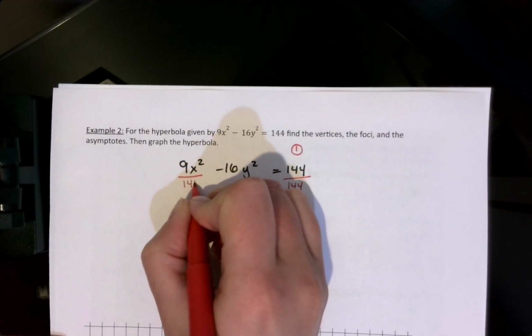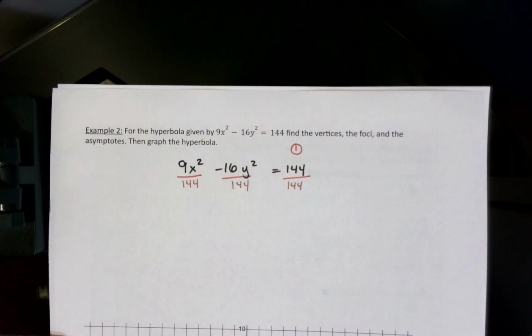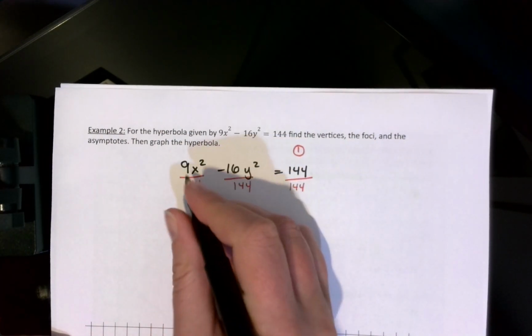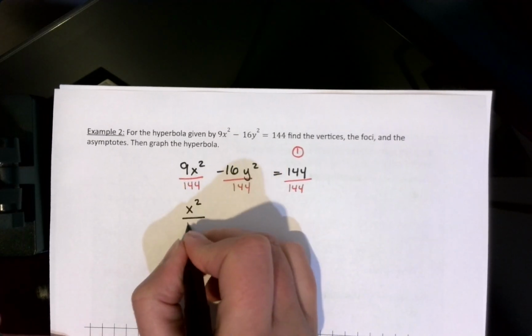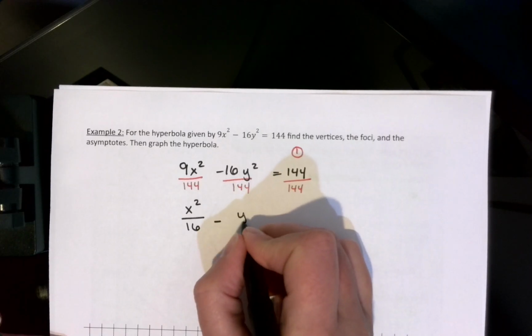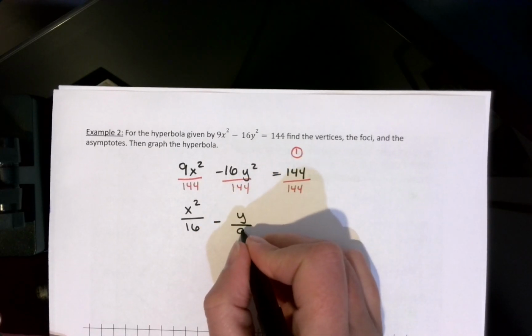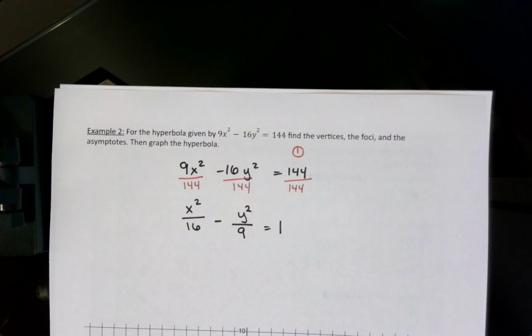I'm going to go ahead and distribute that on the left side. So that gives us 9 over 144. If you divide those both by 9, 144 divided by 9 is 16. And then divide these both by 16, 144 divided by 16 is 9. So x squared over 16 minus y squared over 9 equals 1.